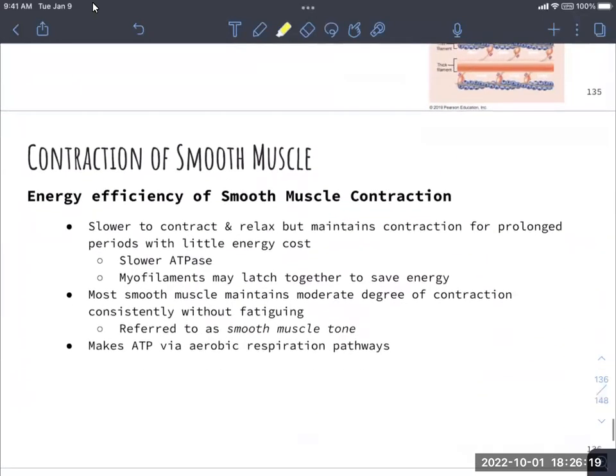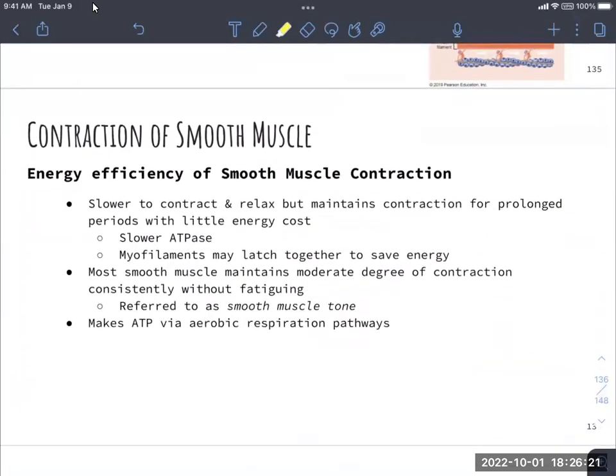Our smooth muscle is a lot more energy efficient than our skeletal muscle because they contract slower and they relax slower. But they can maintain contractions for a long time and they don't use a lot of energy to do so. Their ATPase is a lot slower to hydrolyze that ATP.